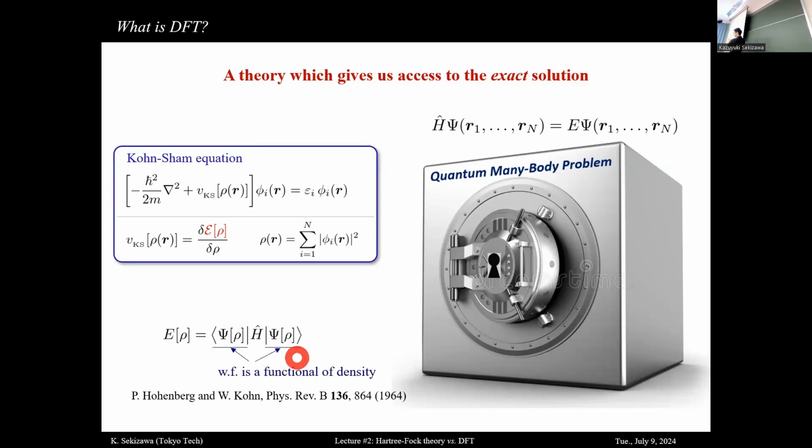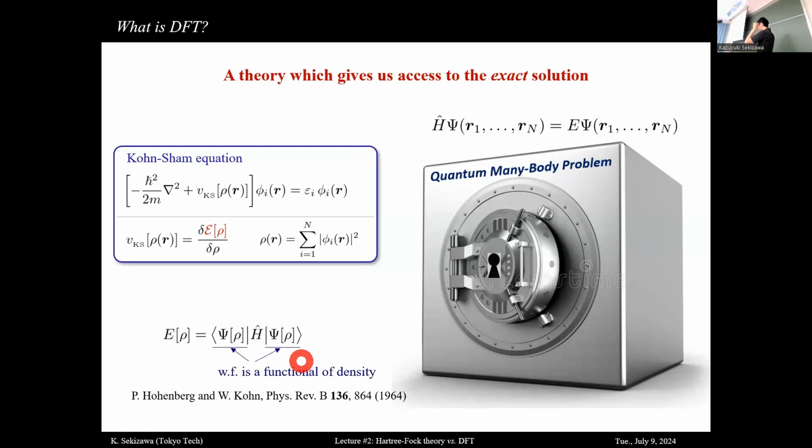So there is a one-to-one correspondence between the wave function psi and the one-body density rho. It is a surprising correspondence, but for now, please just trust this statement. So psi can be given as a functional of density.